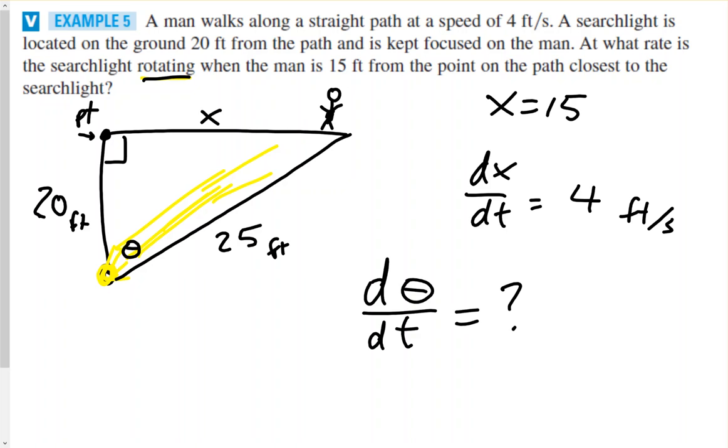So a simple equation that ties all this together and involves the angle: we have X, we have 20. According to this angle, we have an opposite and an adjacent, that's tangent. So tangent of theta equals X over 20.